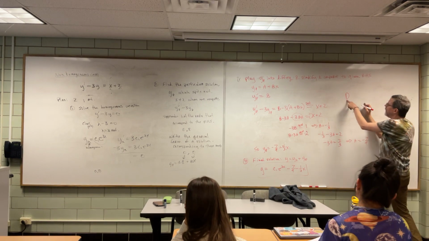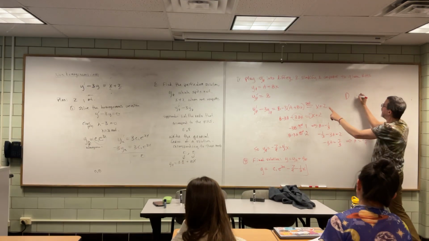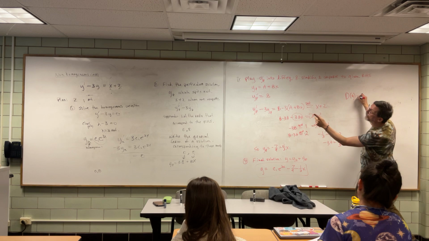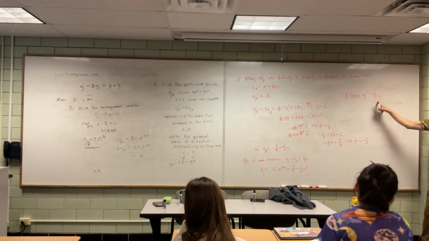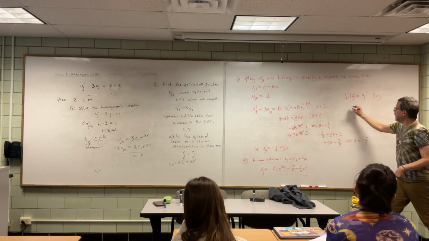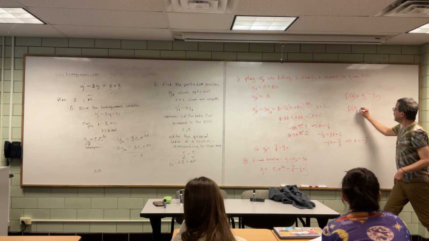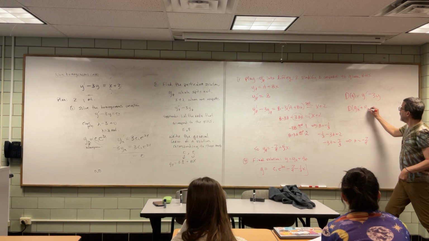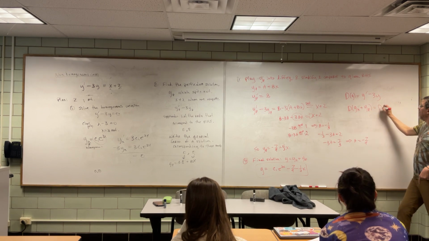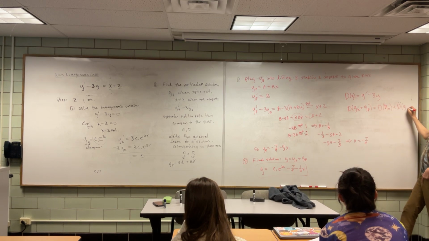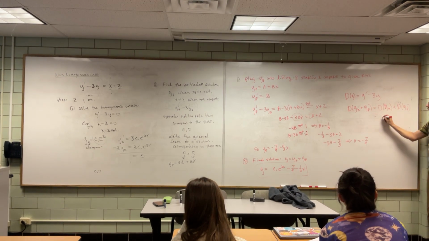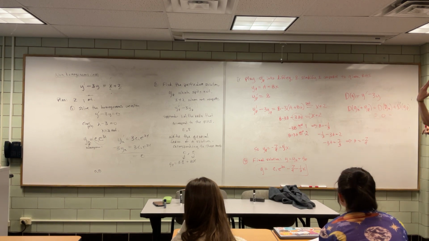Let's say I have a linear differential operator, like D of y equals y prime minus 3y. That is linear. So if I take D of yh plus yp, I get D of the homogeneous solution plus D of the particular solution, and this piece dies, and this piece gives me the x plus 2 or whatever is over there.